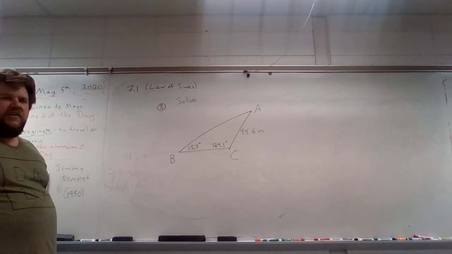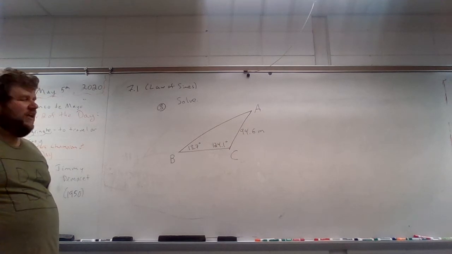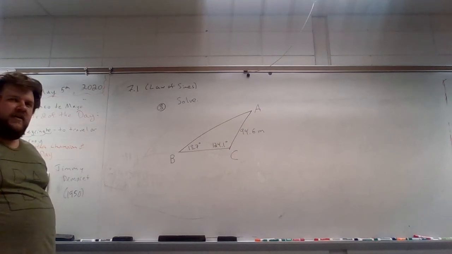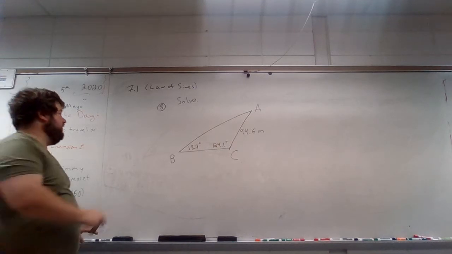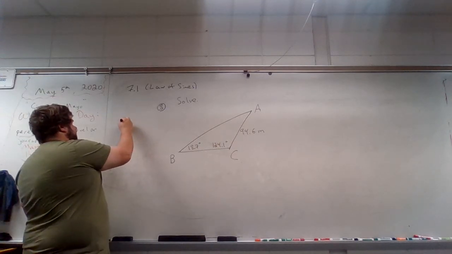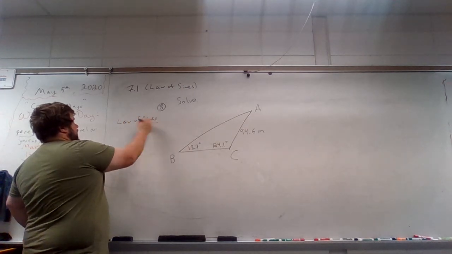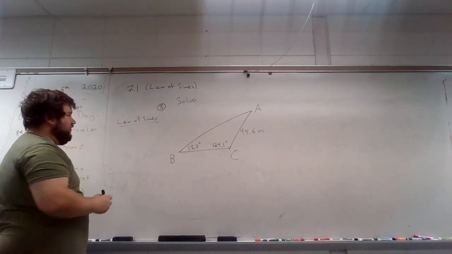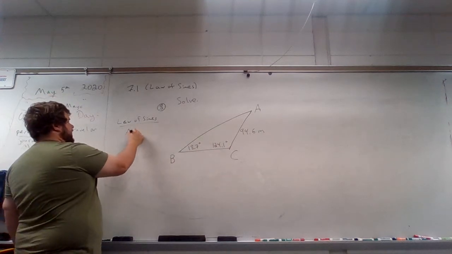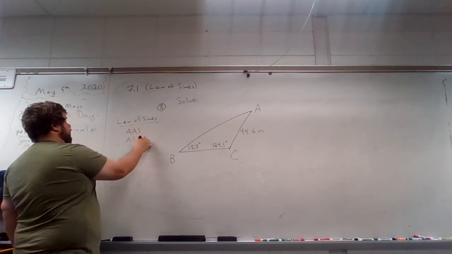Okay, so one other thing I was going to point out: when I lump the law of cosines in this, you may try to determine whether to use the law of sines or cosines. Law of sines, I would use if you have angle, angle, side, or angle, side, angle.